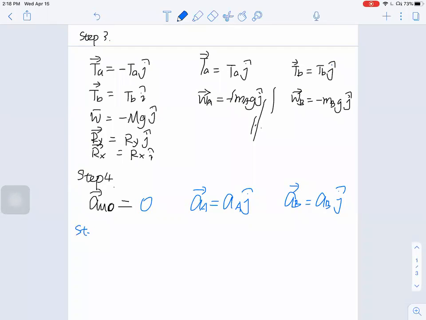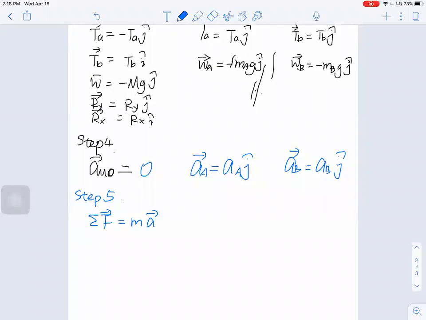Now step 5, apply Newton and Euler's second law. So Newton's second law is the sum of all the forces equals ma. Okay, let's get rid of this. That's the general form.